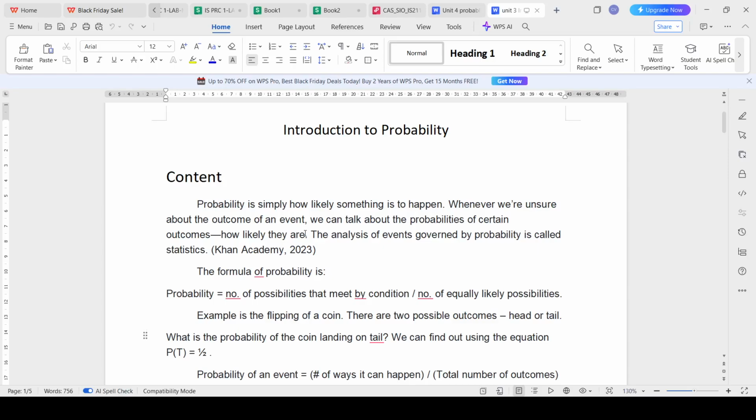We can find out using the equation P(T) equals 1, because there's only one tail, over the number of equally likely possibilities, which is 2, head or tail. So the probability is 1/2 or 50%.